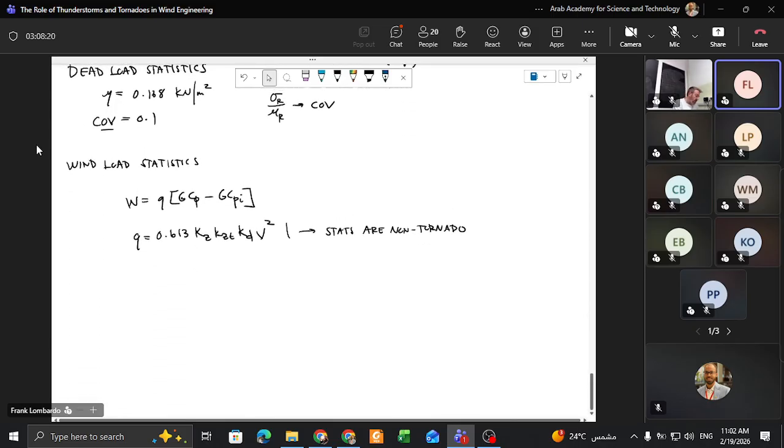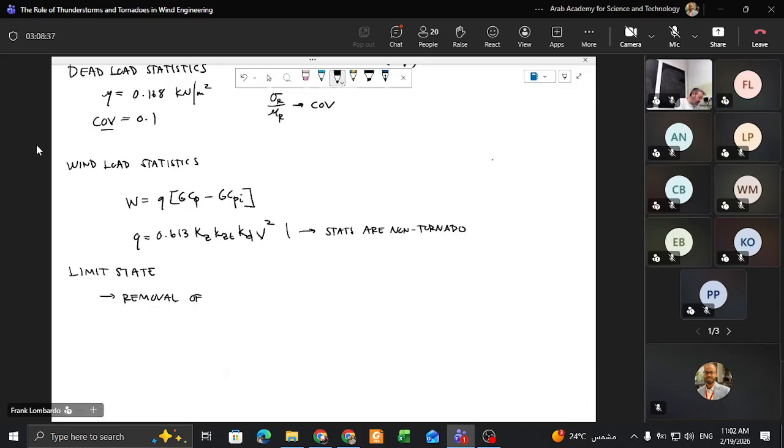All right, so limit state. What is going to be our limit state here? We're going to make it very simple. We're going to say our limit state is the removal of the panel by uplift.